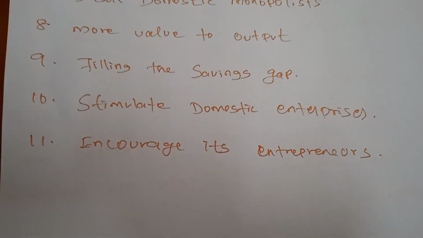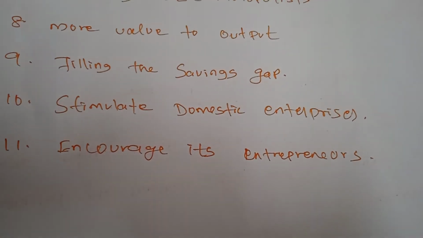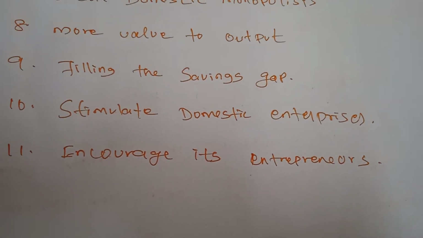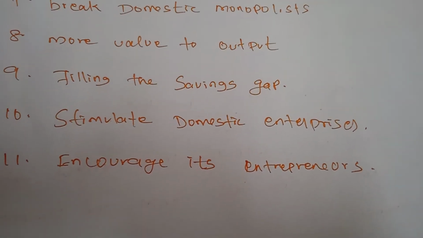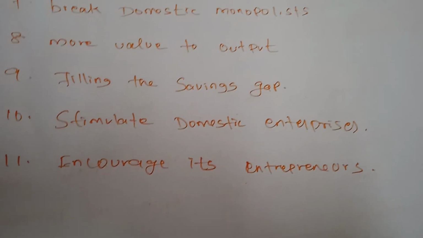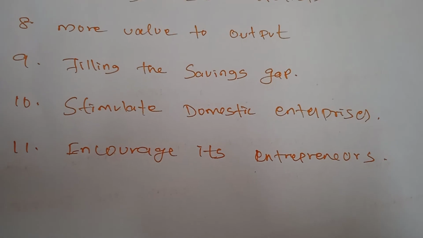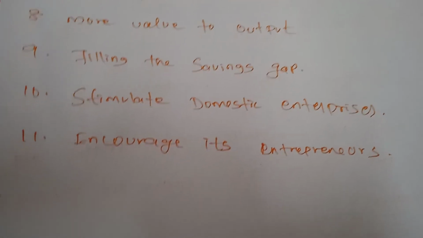But after the arrival of the foreign direct investment, the foreign investors will be increasing their production level. So after understanding the foreign direct investment, the domestic enterprises will be increasing their supply of commodities.